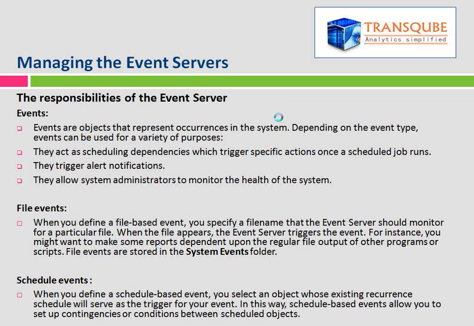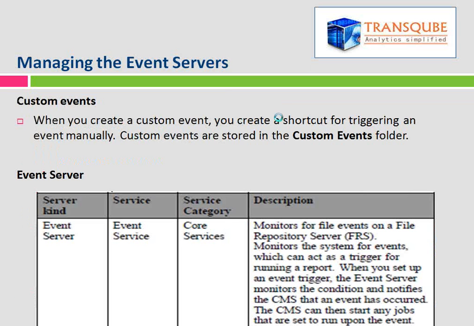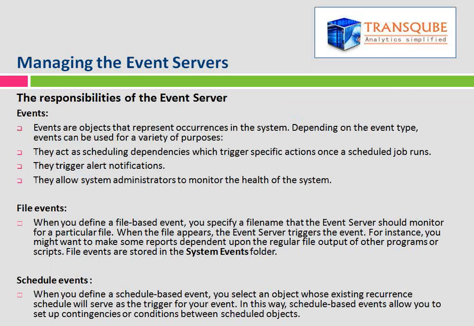All right. Let's discuss the event service. The name itself defines it: it's a triggering point, right? Events are objects that represent occurrences in the system. Depending on the type of the event, events can be used for a variety of purposes.